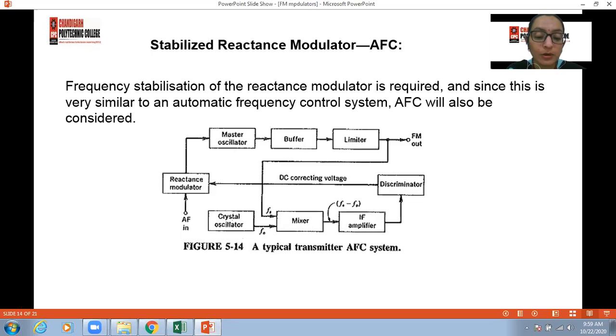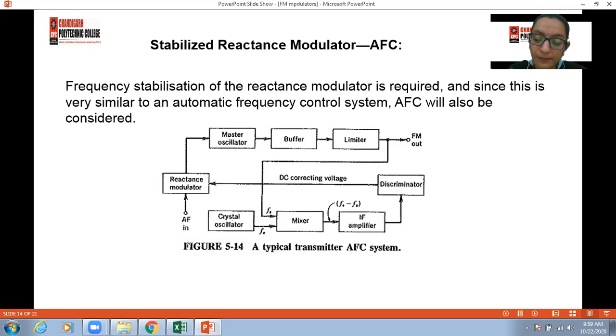From the block diagram shown on your screen, it is evident that the reactance modulator operates on the tank circuit of the LC oscillator, isolated by a buffer whose output goes through an amplitude limiter to the power amplifier. A part of the output from the limiter is taken and fed to the mixer along with the frequency of the carrier oscillator.